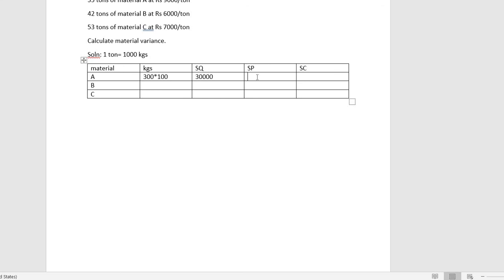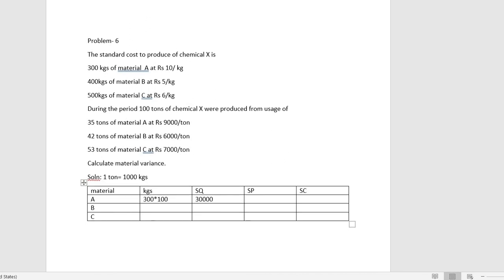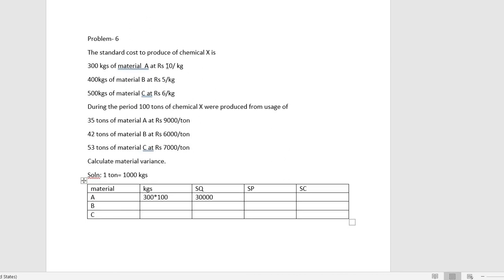The standard price is, you can see here, 10 rupees per kg. Mention 10. The standard cost will be 3 lakhs. That is 30,000 into 10 rupees.